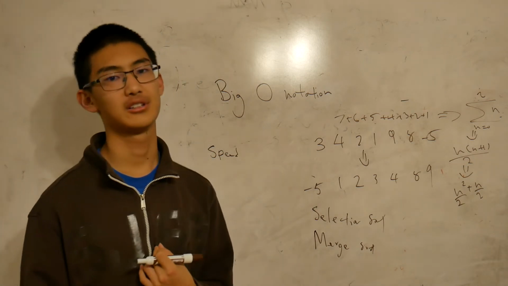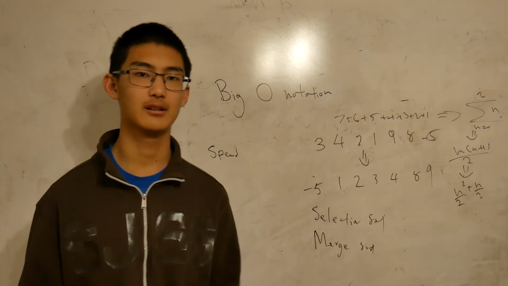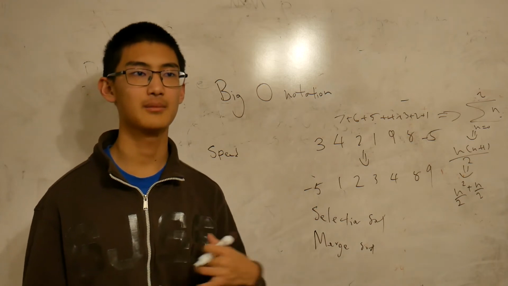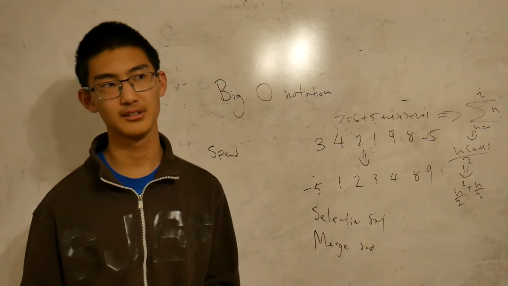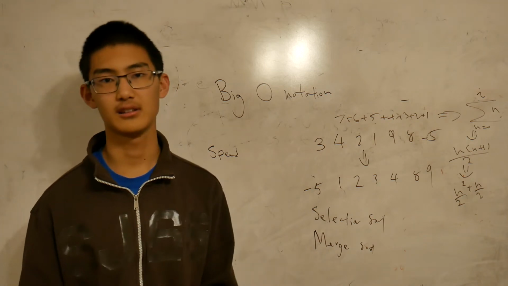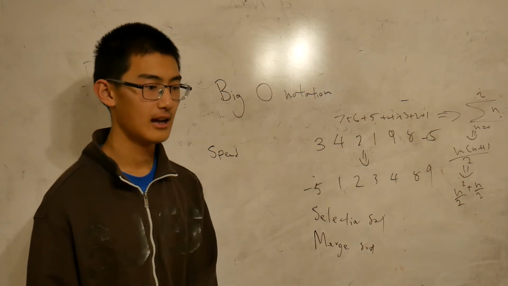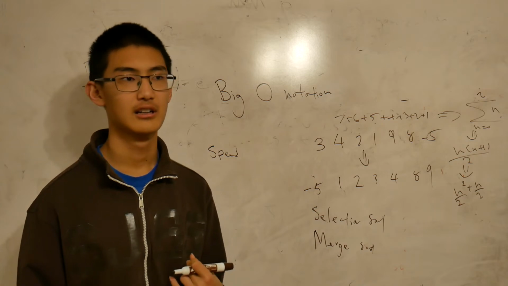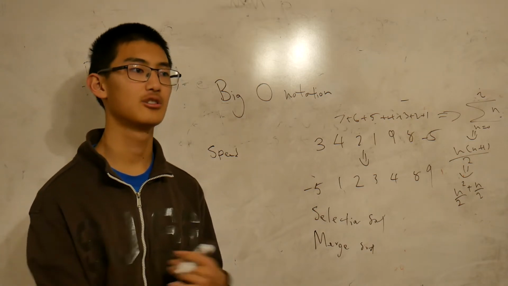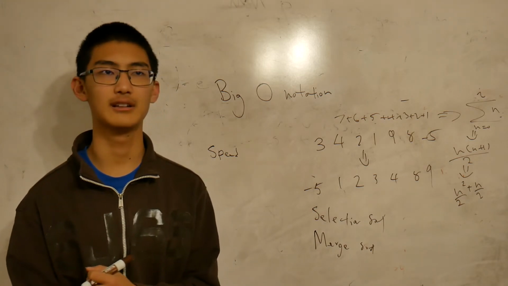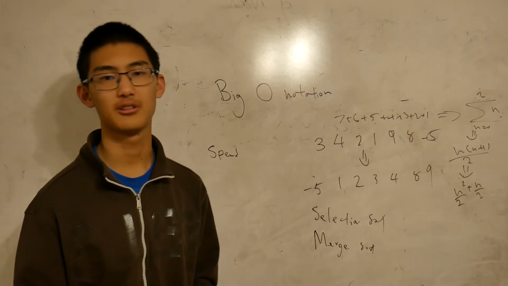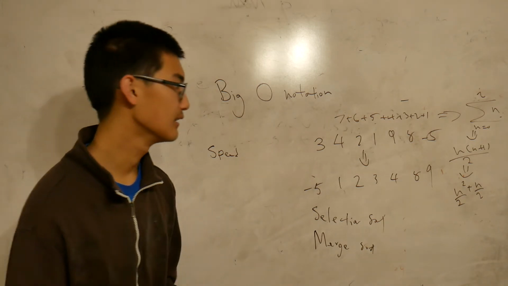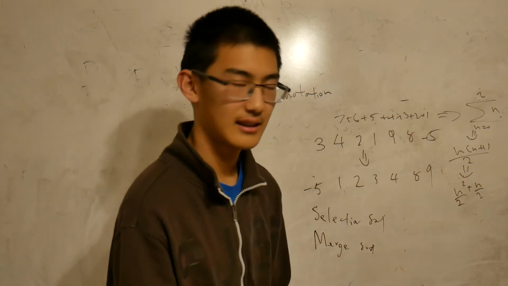But I don't actually care about any term except for the leading one, the term that grows the fastest, because big O notation only measures how quickly your thing grows. I don't care about how many operations your algorithm takes for 2 or 3 inputs. I only care about the asymptotic growth, when it goes to infinity.